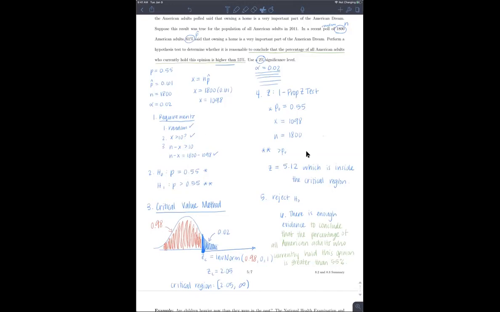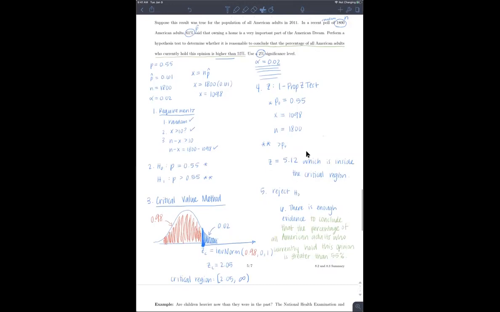I guess technically that would be better, right, than this. But yeah, you could add that. I'm not going to require you to though, because I hadn't really thought about that before. But yeah, here you could say at a 2% significance level. And that does kind of help see the problem better.